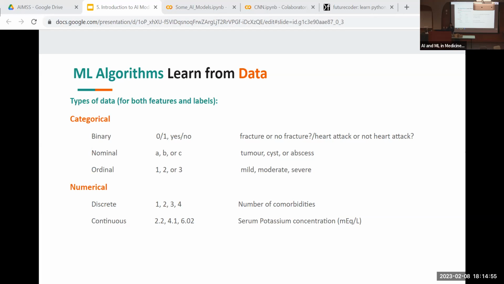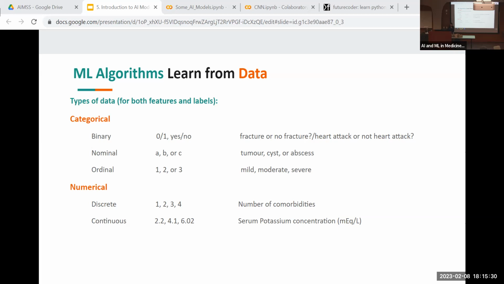For nominal, it can be A, B, C, which can be different types of tumors or other things. For ordinal, it can be different values like 1, 2, 3, which can represent different stages of an illness, like mild, moderate, or severe. And for numerical, data can be discrete, like the number of comorbidities, and it can be continuous, like the value of something that we have measured in a test.